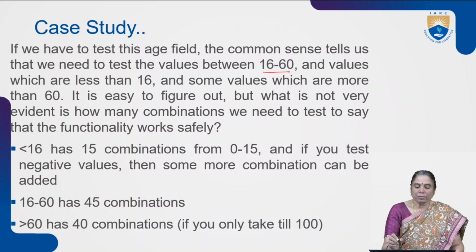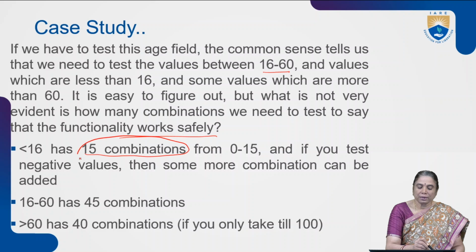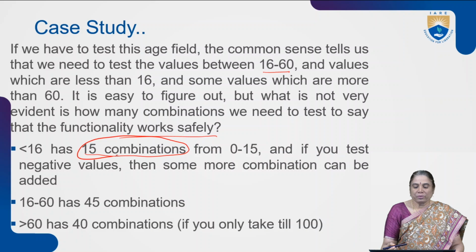How easy it is to figure out. But what is not very evident is how many combinations we need to test for this functionality to work safely. The possible combinations less than 16 are 15 combinations. The age range 16 to 60 is valid. So 0 to 15 must be validated in this category.